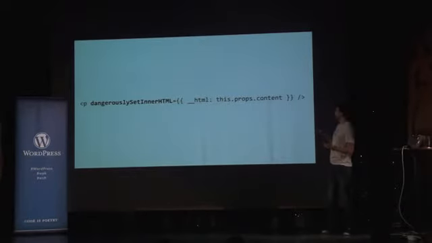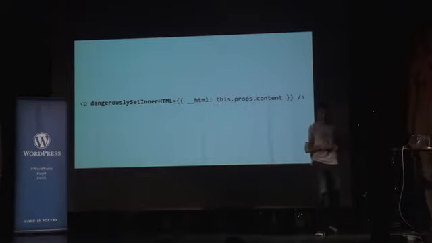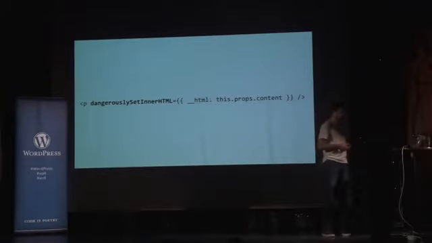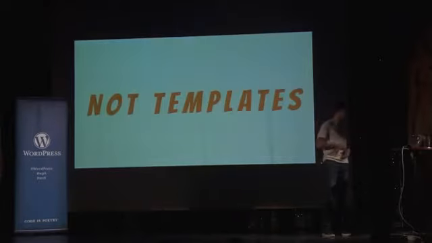You need to pass the raw HTML as a prop called dangerouslySetInnerHTML, which will probably remind you that if you really do not know what you're doing, it may be slightly dangerous. So this has been really, really useful. No XSS.